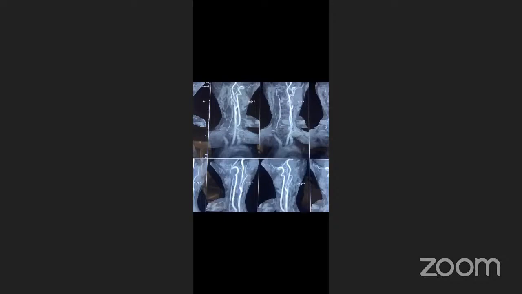On examination on an OPD basis, there was no postural fault. Anybody who wants to comment, please, on your mic, give your input in this patient. Sir, is it a large vessel vasculitis like Takayasu or something?